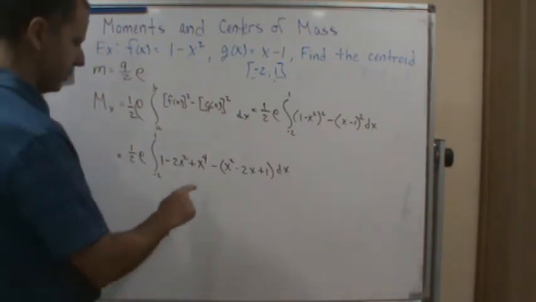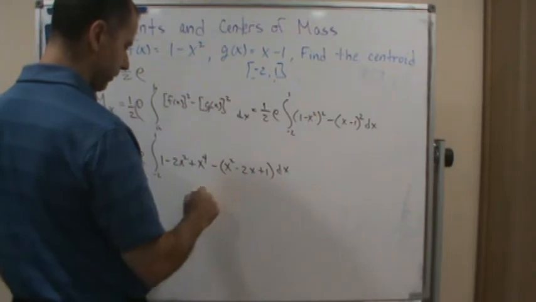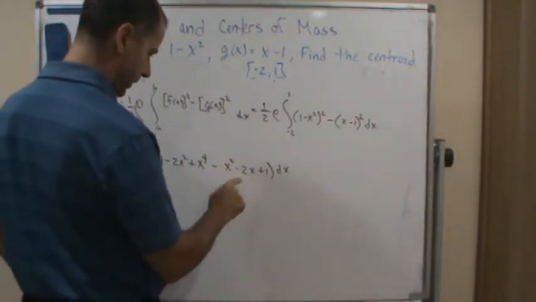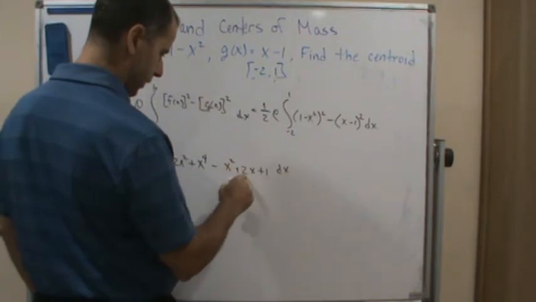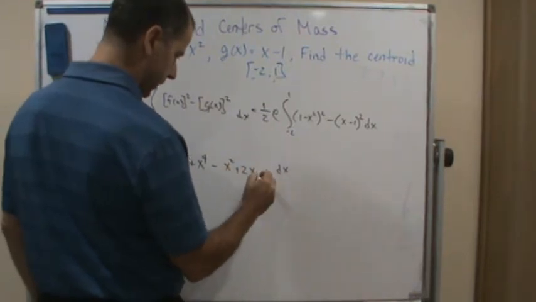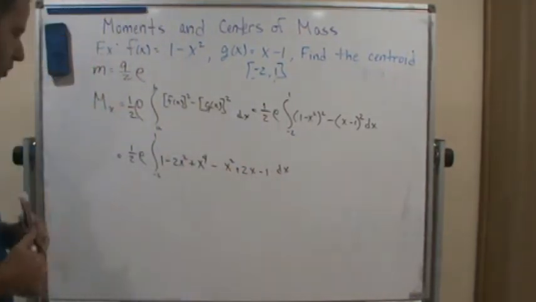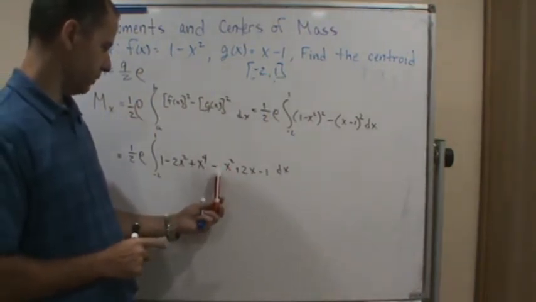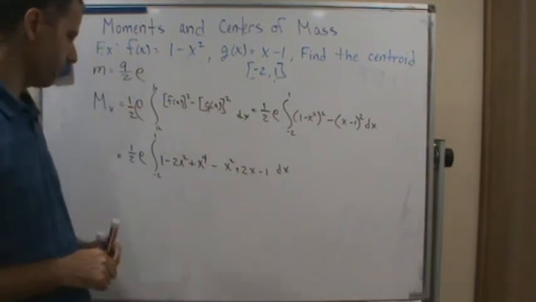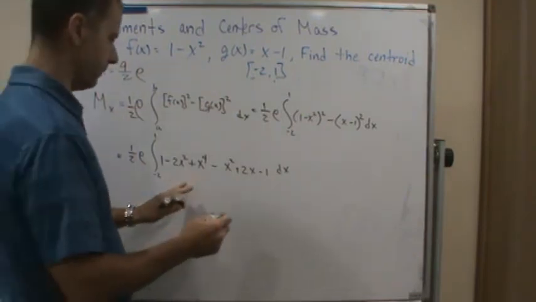And now I'm just going to distribute the negative here. So if I drop this, this becomes negative, this becomes plus, and this becomes negative. So all I did was distribute the negative, the subtraction, to each term. So this is minus, plus, minus. And so now I'm going to simplify this.